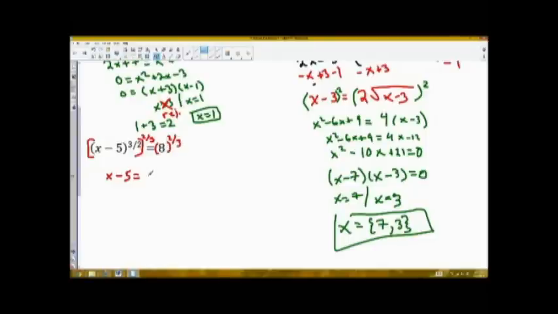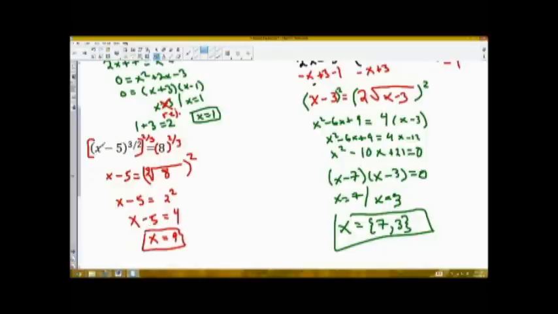So I'll actually write it out. This is the cube root of 8 raised to the 2nd power using that rational exponent property. Well, the cube root of 8 is just 2, so this is equal to 2 squared, and 2 squared is just 4. So x minus 5 equals 4. Add 5 to both sides, and it turns out x equals 9.